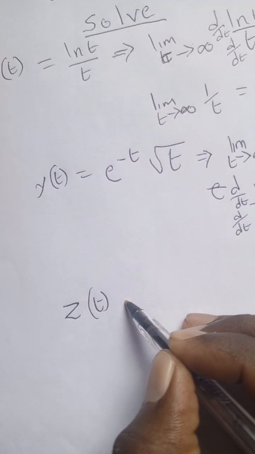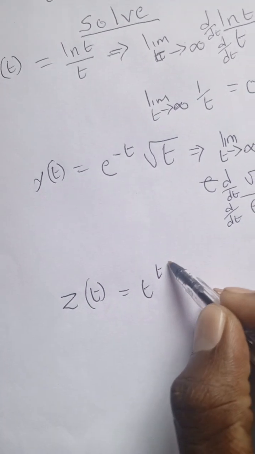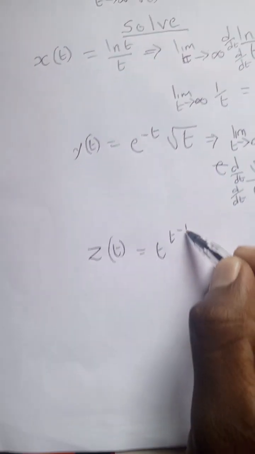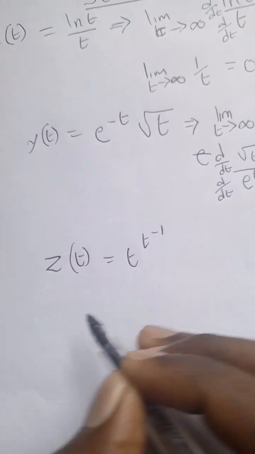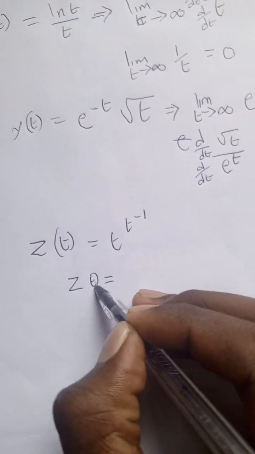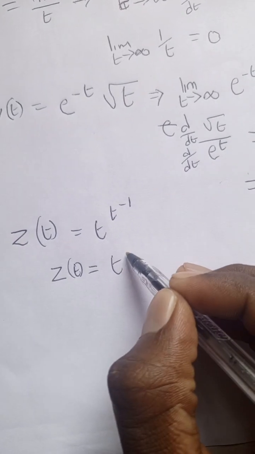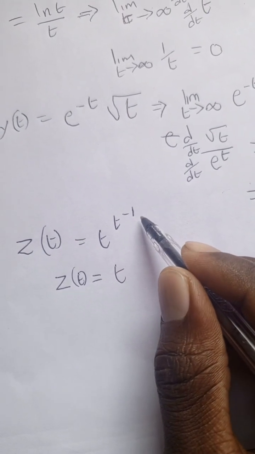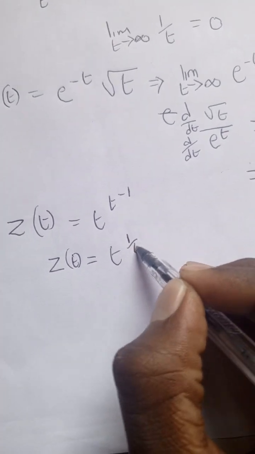So zt is equal to t to the power negative 1. So we can try to rewrite this in this way. We'll write t, then for that t, t to the power negative 1 is just 1 over t.